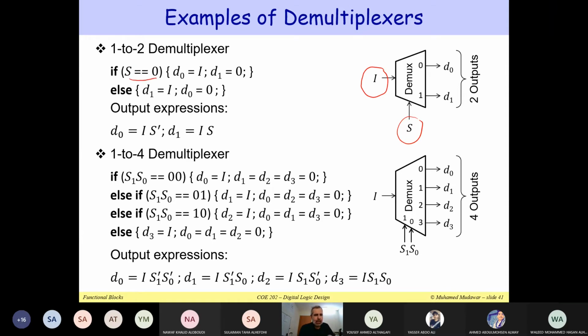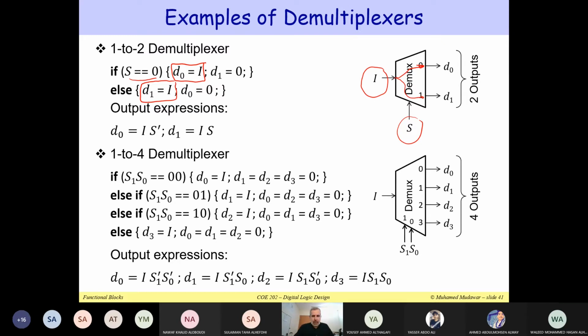If S is equal to 0, then D0 is equal to I, and D1 equal to 0. Else, it means that S is equal to 1, then D1 is equal to I, and D0 equal to 0. So if S equals 0, the input is directed to output D0. If S is equal to 1, then we direct it to output D1. That's what the demultiplexer does.